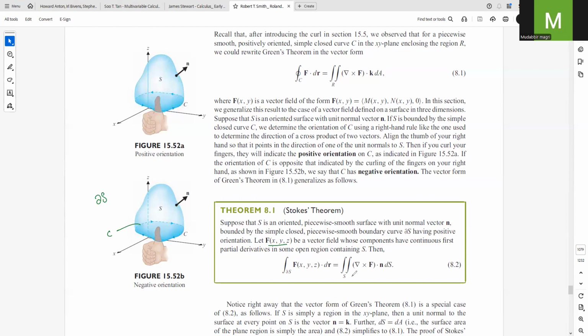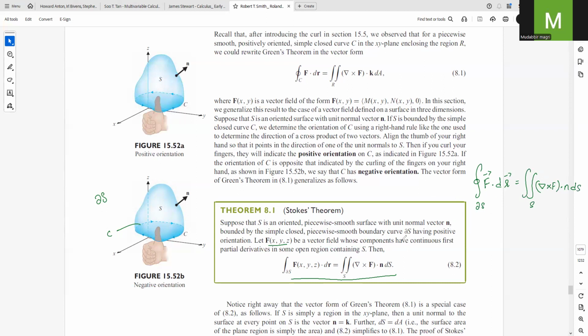Then we have this relation holds, which says that the line integral of this vector field over the boundary is equal to the surface integral of the curl, dotted with n dS, right?